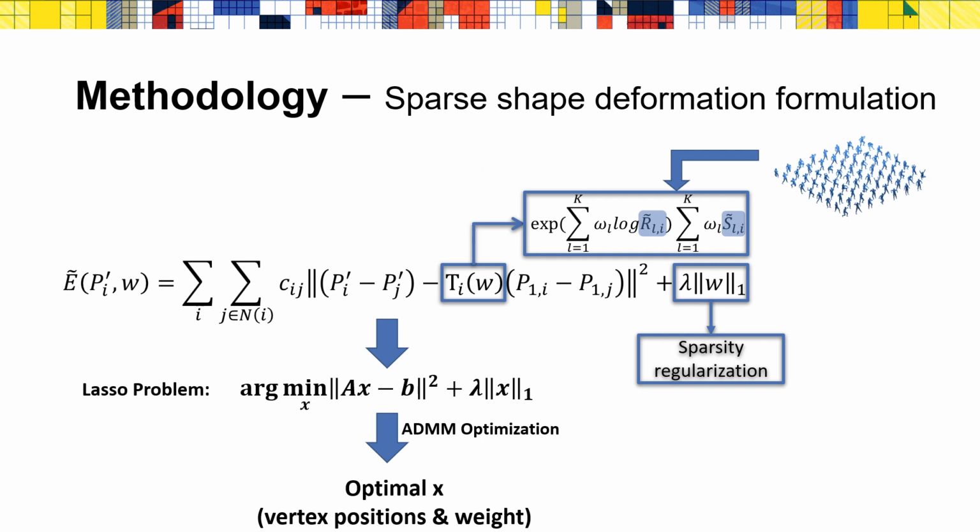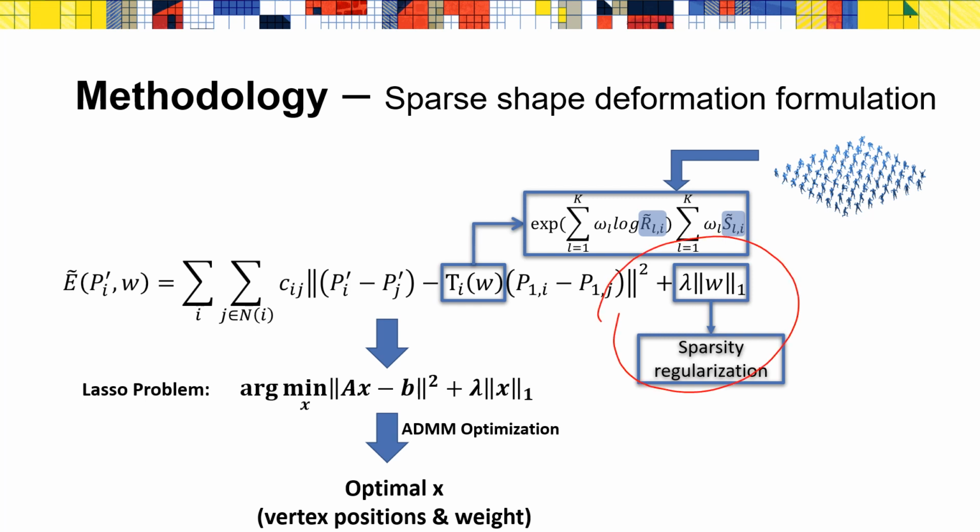The novelty of our sparsity is here: we define sparsity on the weights. Sparse weights help to use as few bases as possible, so the deformation space is compact, as we told before. And here is our optimization with this sparsity.